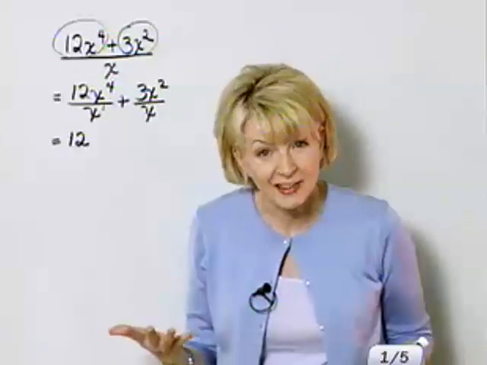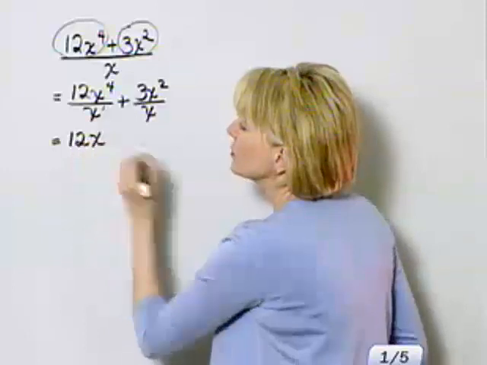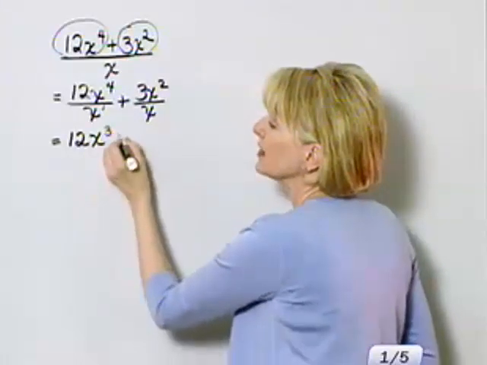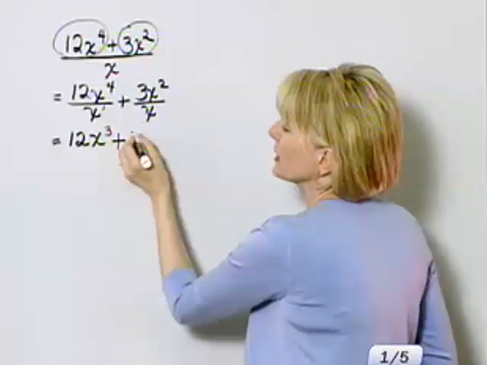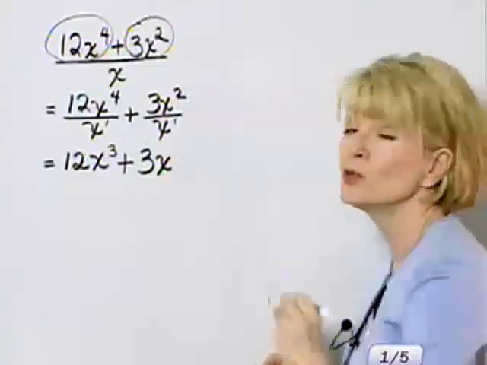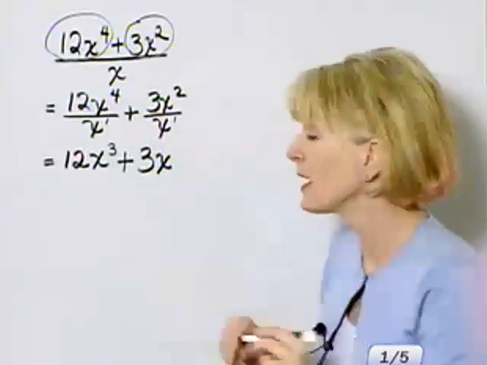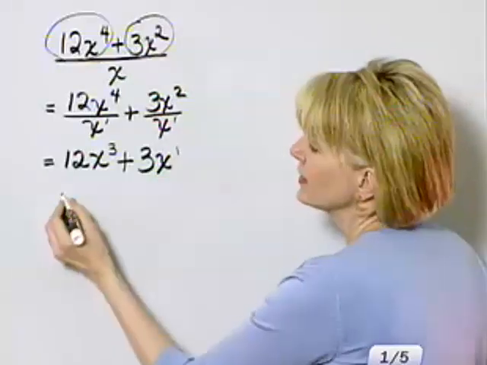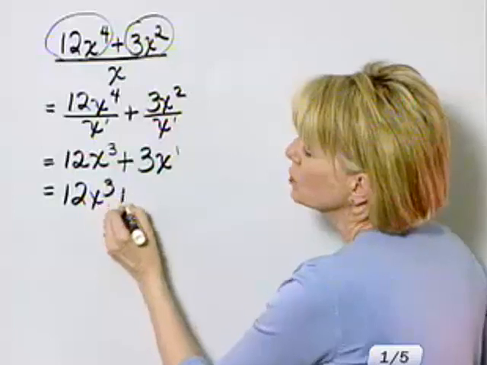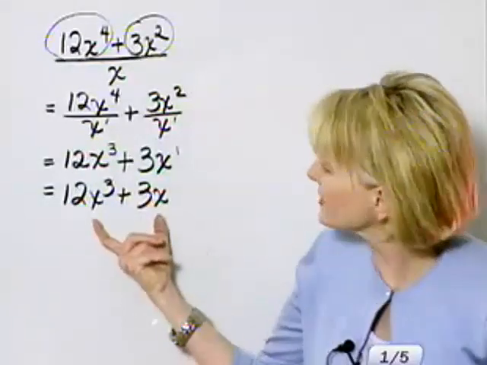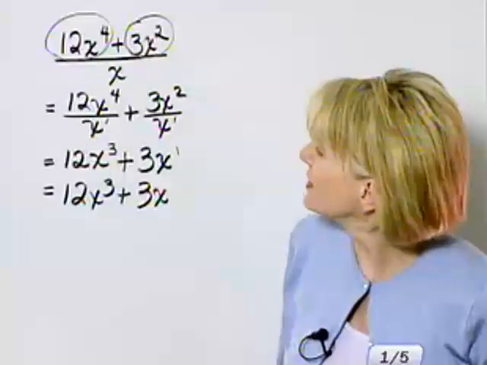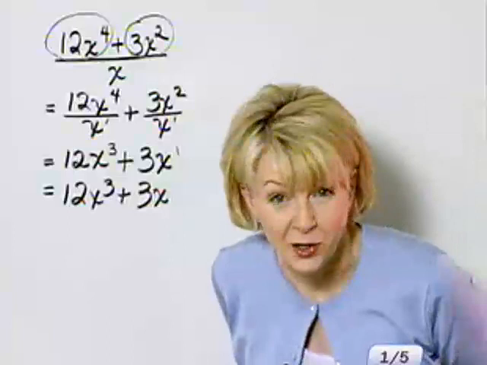Remember, we subtract exponents, so this is x raised to a power of 4 minus 1, or 3, plus, here I have 3, and this is x raised to a power of 2 minus that understood 1. 2 minus 1 is 1, so I can write this as 12x cubed plus 3x. That is the quotient when I divide this binomial by this one-term monomial.